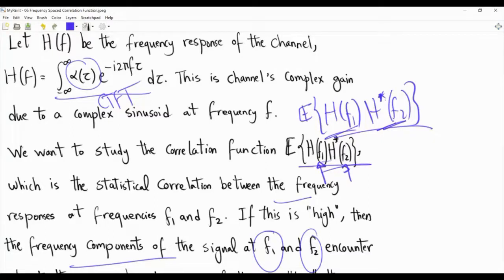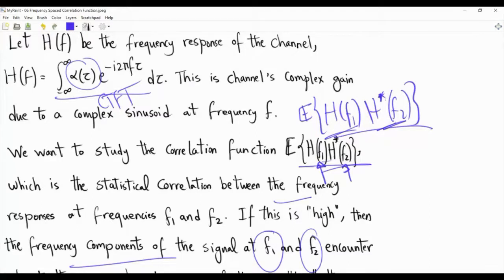You can think of h of f as the frequency response of a filter through which the signal is being filtered. This filter may have a different response at frequency f1 and f2, so the correlation is a measure of how similar or how different the response is at frequency f1 and f2.